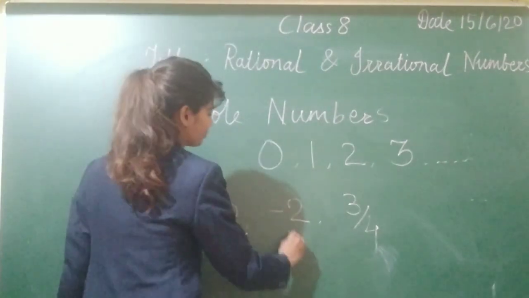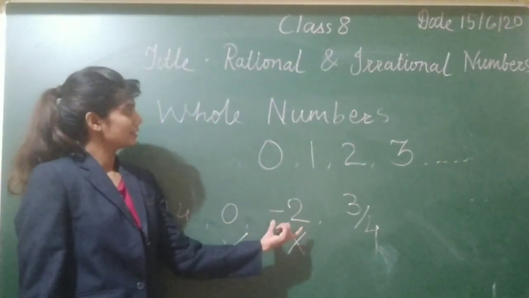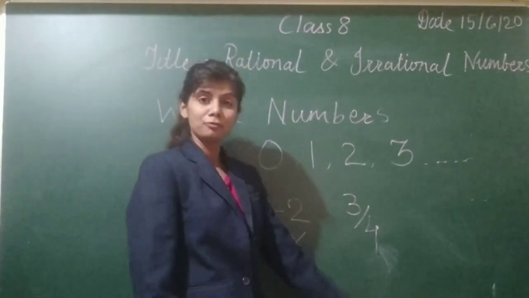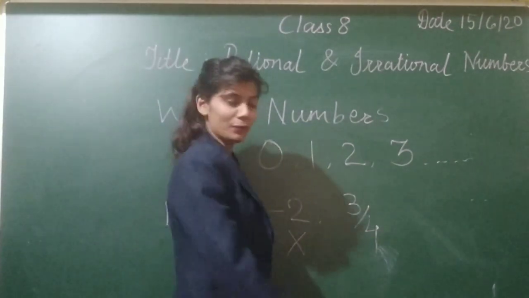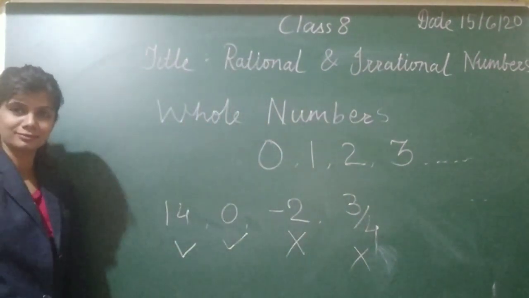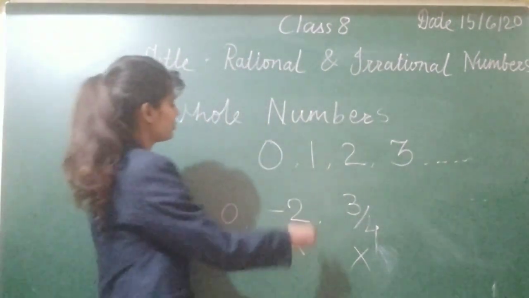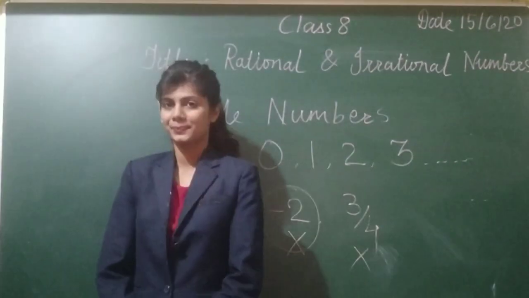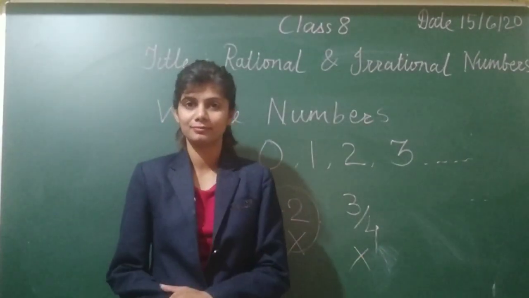No. So -2 is not a whole number. 3/4, do we use it? No. Understood? But then what happens to these negative numbers? What do we call them?